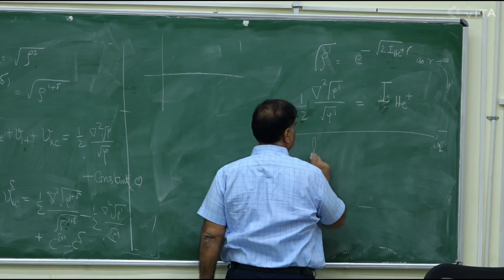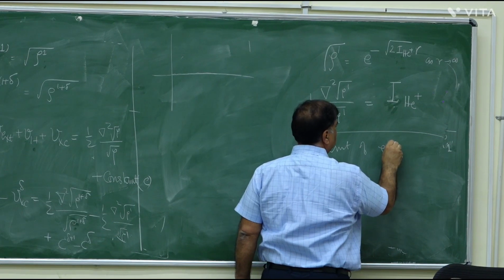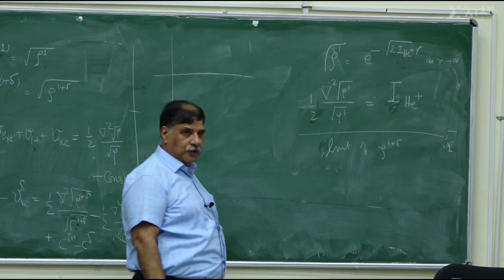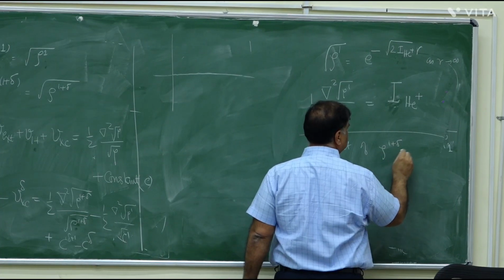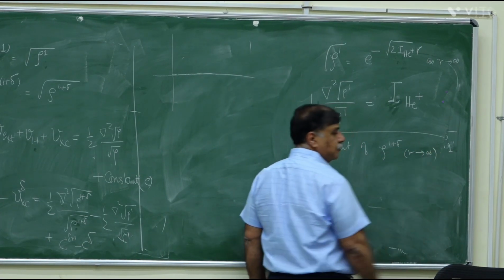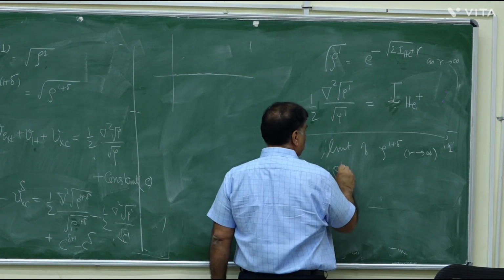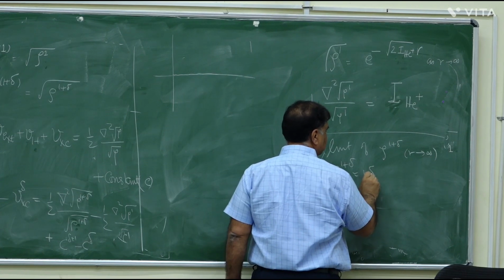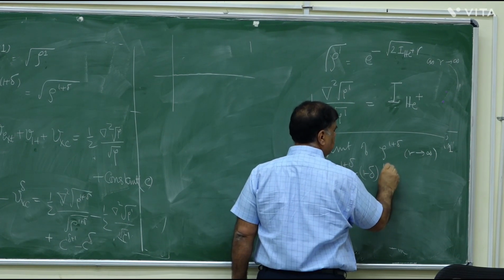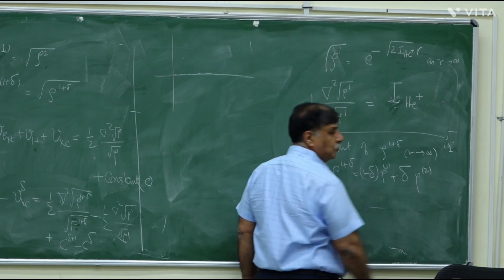In the limit of rho 1 plus delta, R tending to infinity. Let's see how I define rho 1 plus delta. Rho 1 plus delta is equal to delta 1 minus delta rho 1 plus delta rho 2.